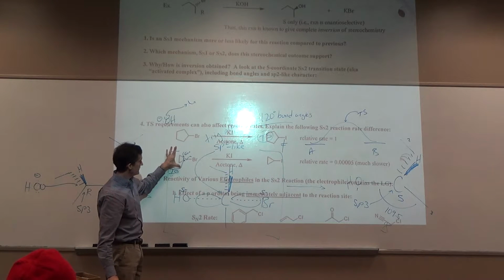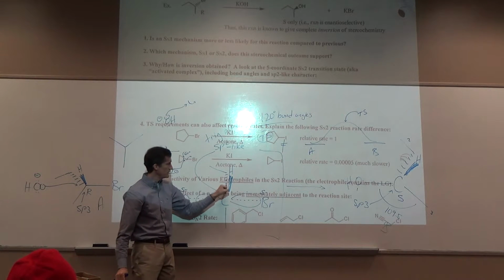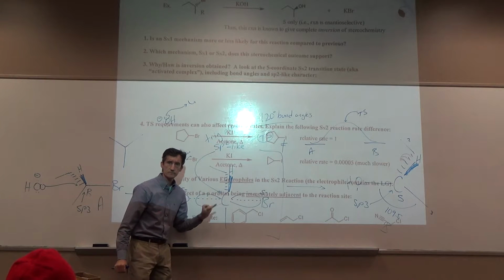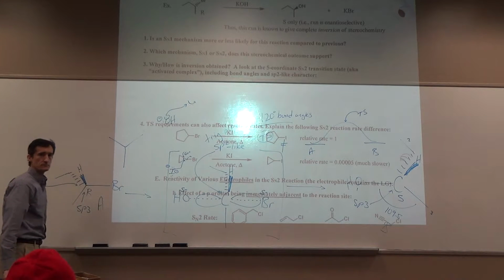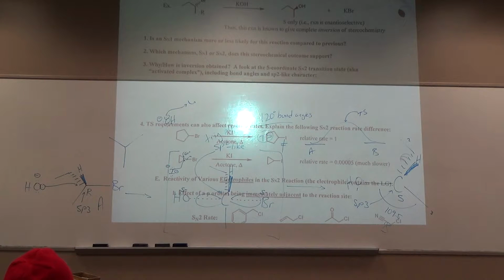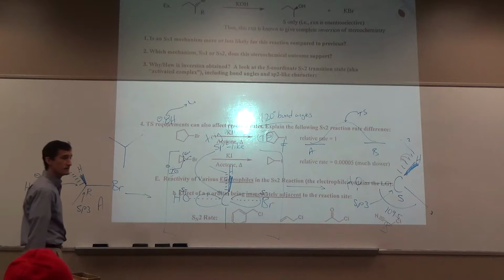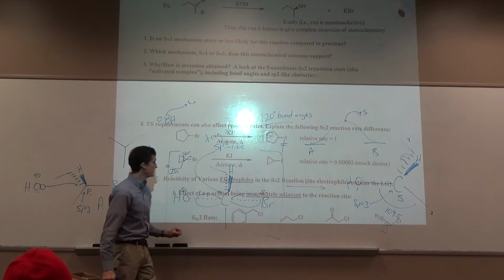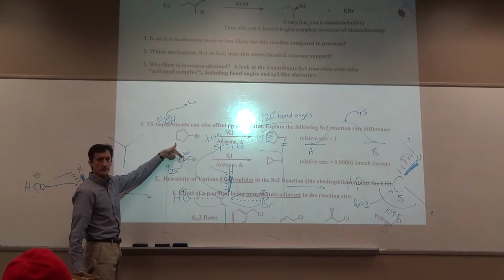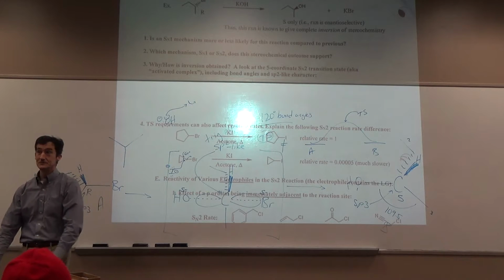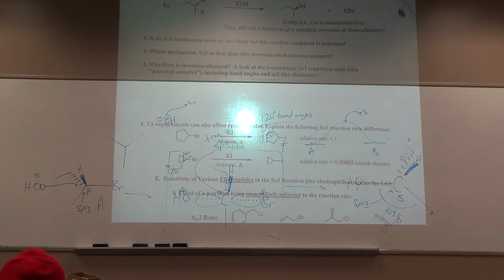The groups here, what's the bond angle between the groups in the transition state? The preferred, or required preferred, bond angle: 120. Is this going to be able to achieve 120? Why do you say no? Because it's stuck in a ring, which is stuck at 60.